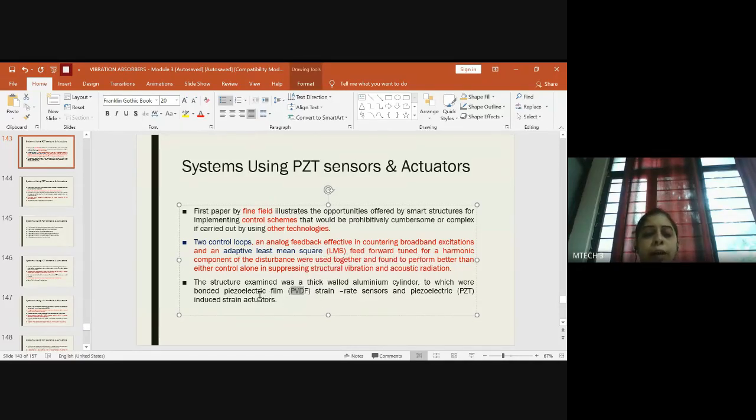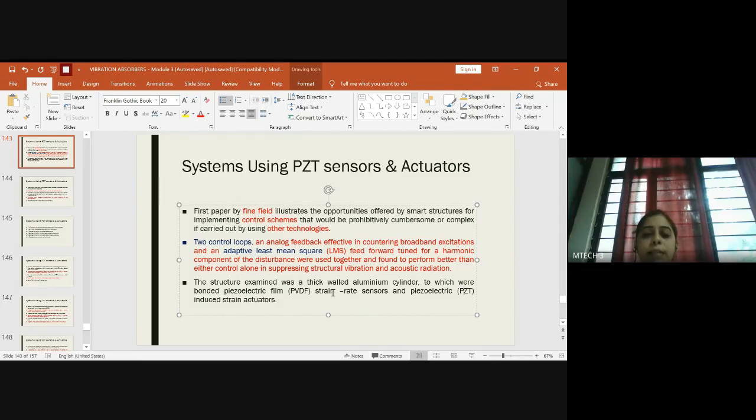It was also a flexible piezoelectric film. PVDF will always be flexible in comparison to piezoelectric ceramic. Piezoelectric PZT is a ceramic material, so it will be brittle, whereas PVDF is a flexible one. So the sensor he used was PVDF based, which can measure the strain rate induced in the aluminium cylinder.